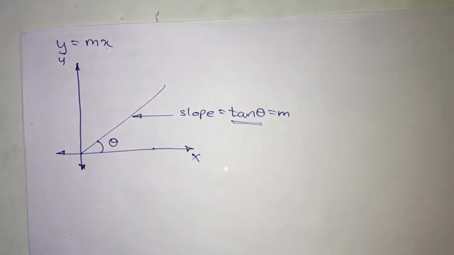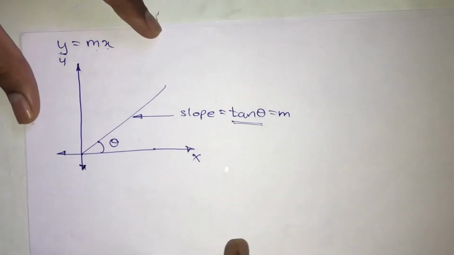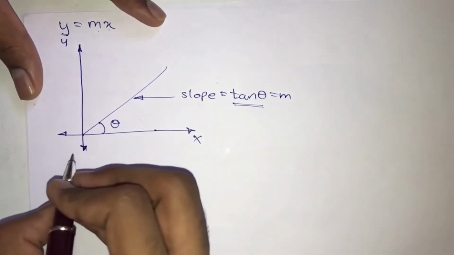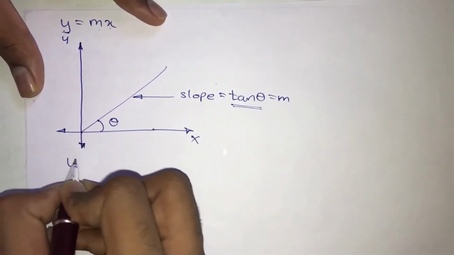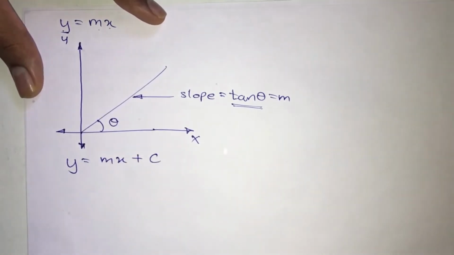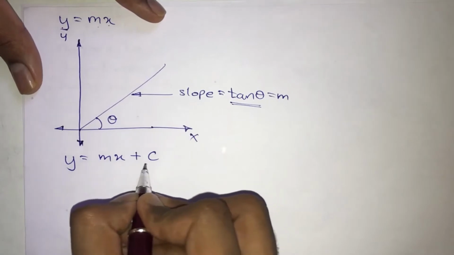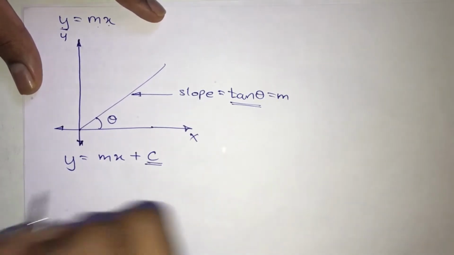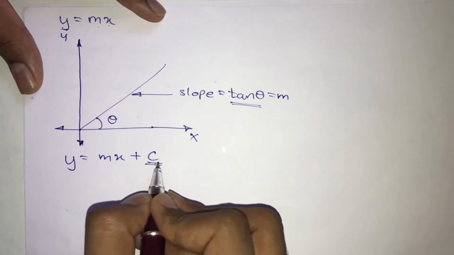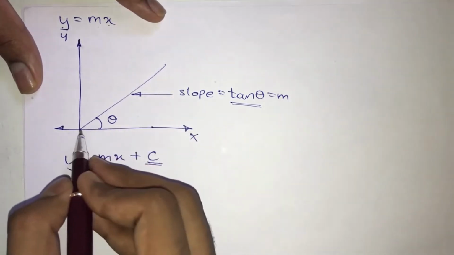The next thing I would like to mention over here is that you need to understand one more equation of a line. Okay, so the next equation is y = mx + c. Now since there is a constant added, here c is nothing but a constant, therefore our line is not going to pass through the origin.